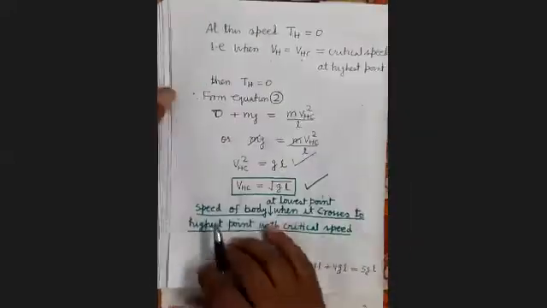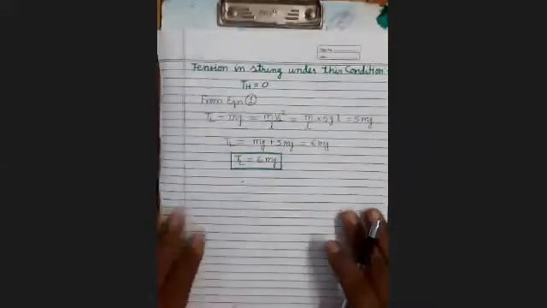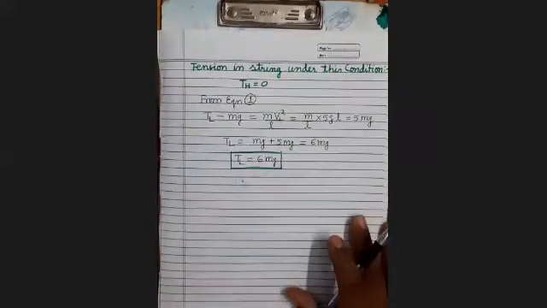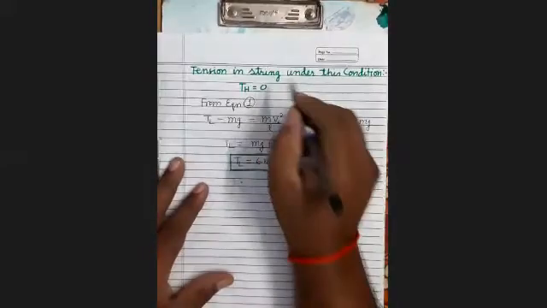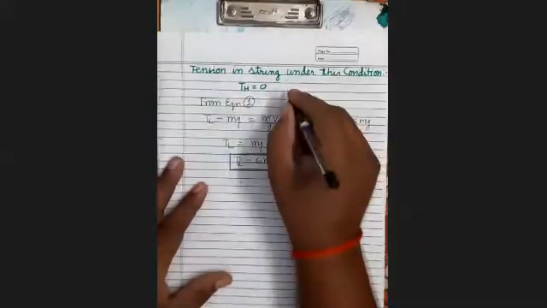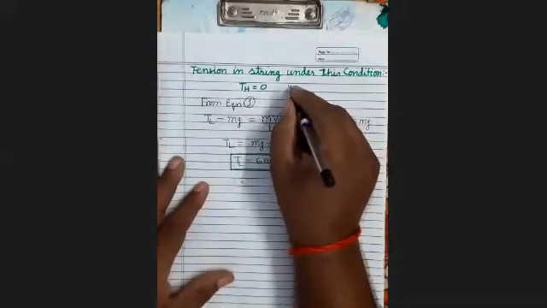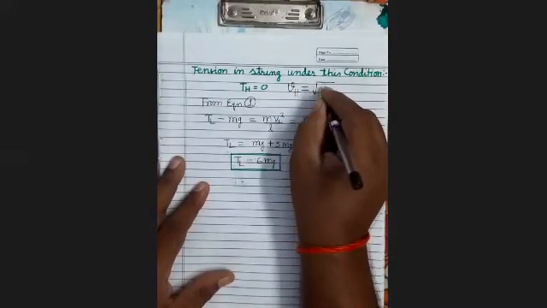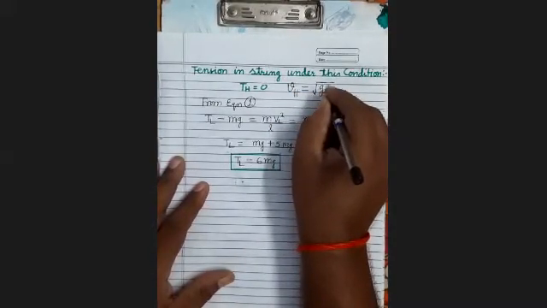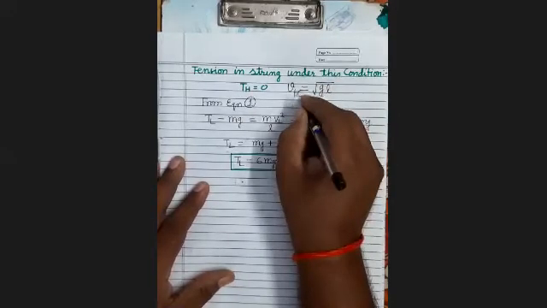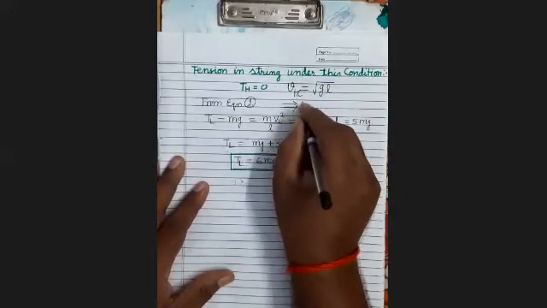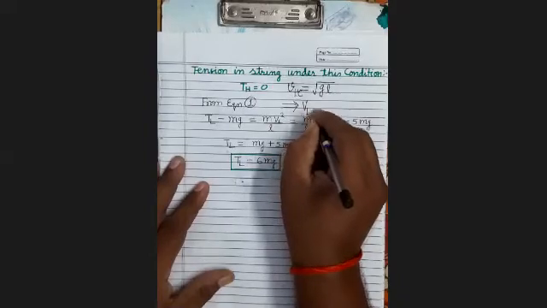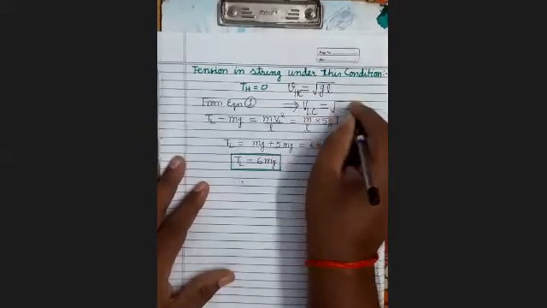So see here, tension in string under this condition: TH is 0, that is when VH is equal to VHC is equal to root GL. And when it is equal to this, the corresponding speed at the lowest point will be root 5GL.